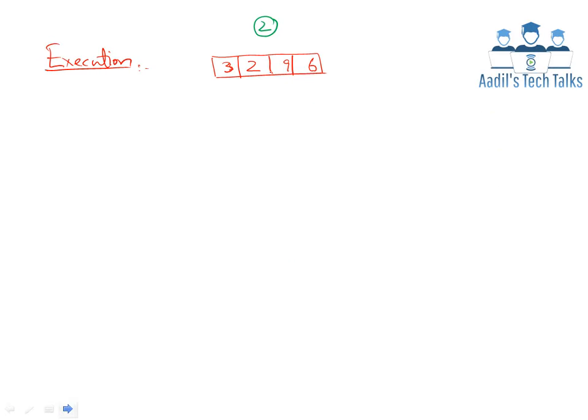Now consider this example. Here n is equal to 4. Step number 1: for i gets 1 to n minus 1. n minus 1, 4 minus 1, means 3.